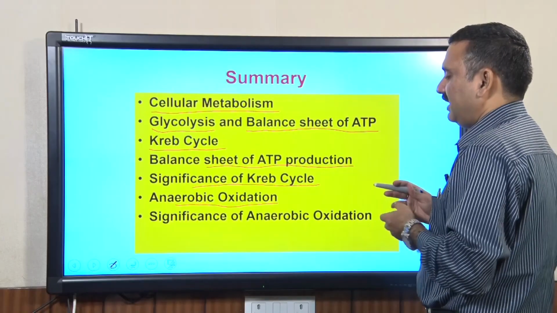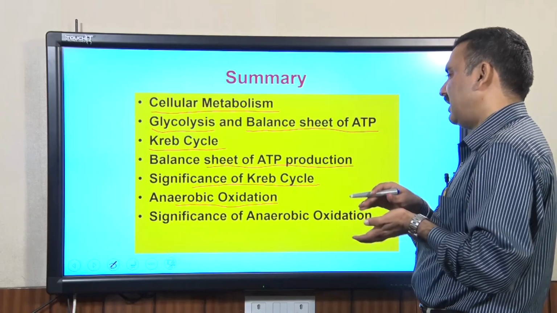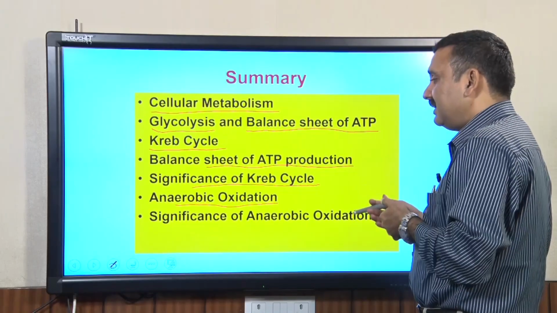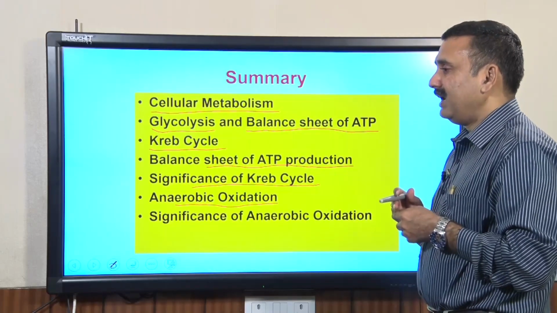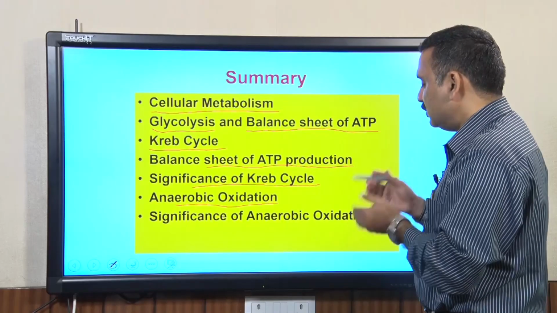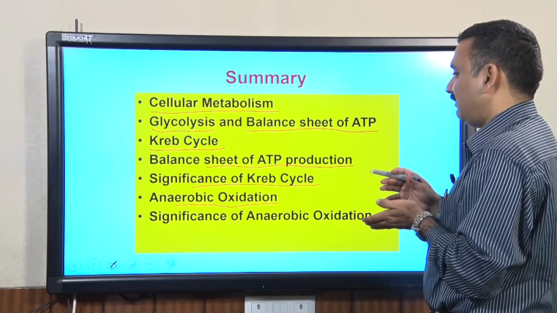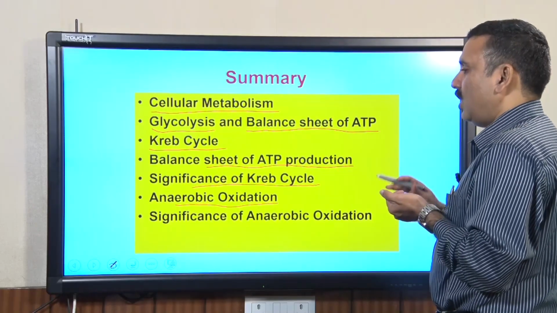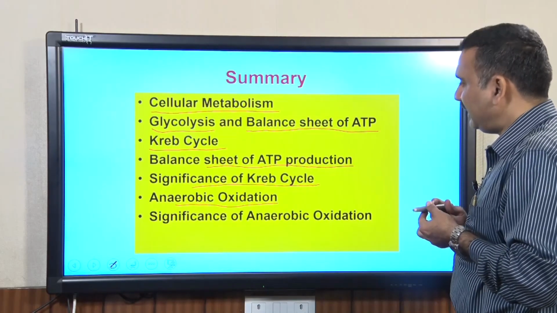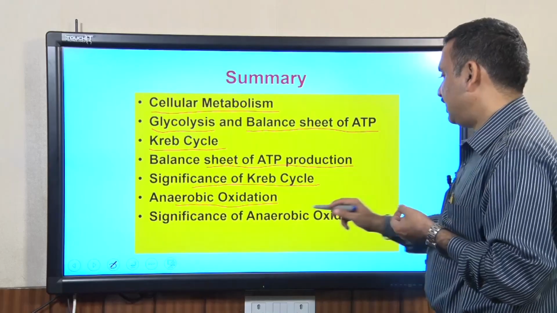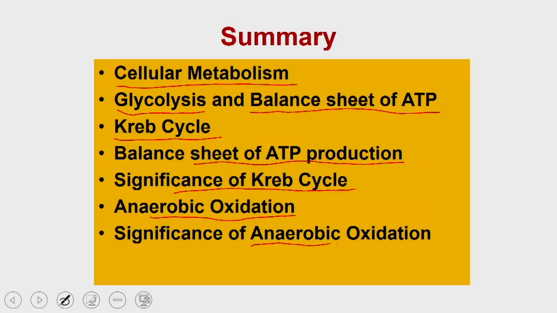In this context we also discussed how organisms performing anaerobic oxidation help human beings to produce different types of products such as curd, ethanol as well as bread. There are many other molecules which are produced by anaerobic oxidation occurring in different organisms.